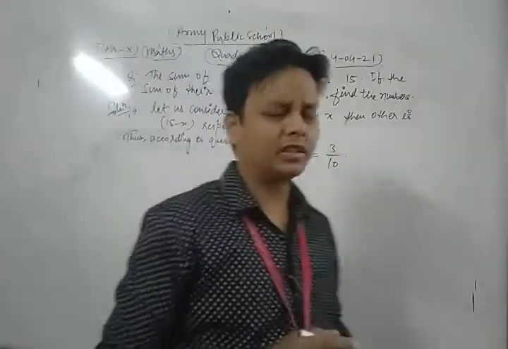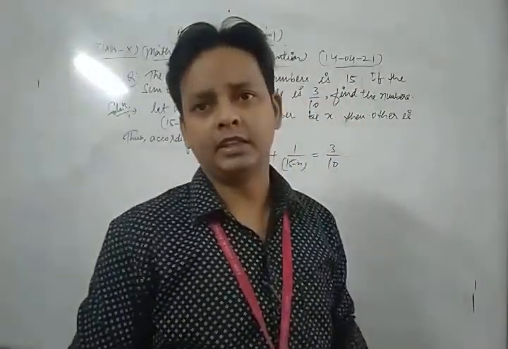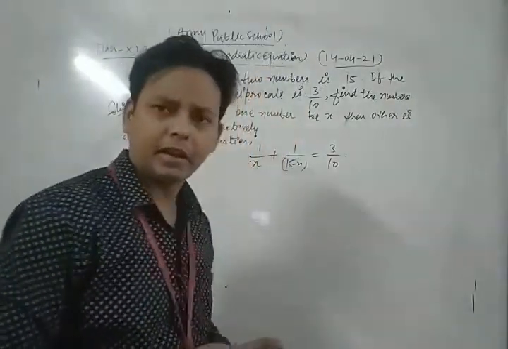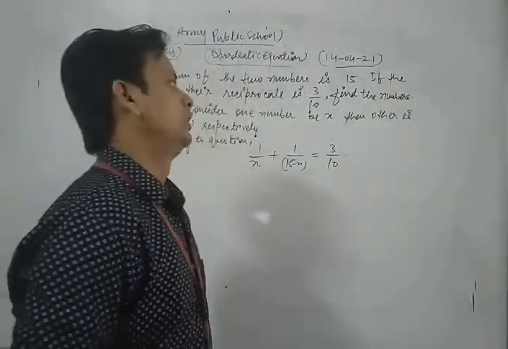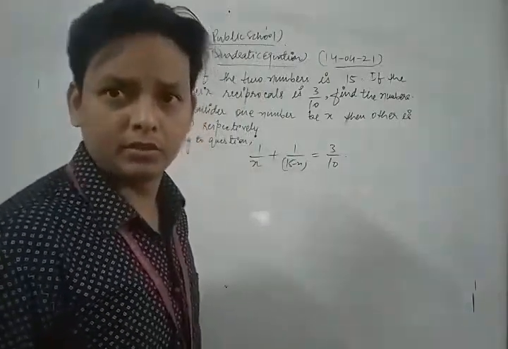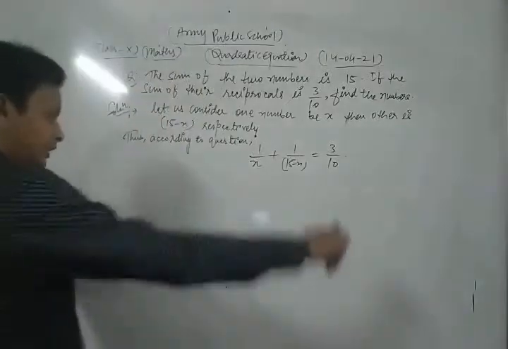So the sum of their reciprocals is 3 by 10, which means 1 upon x plus 1 upon 15 minus x is equal to 3 upon 10. Okay dear students, now let's see its solution.